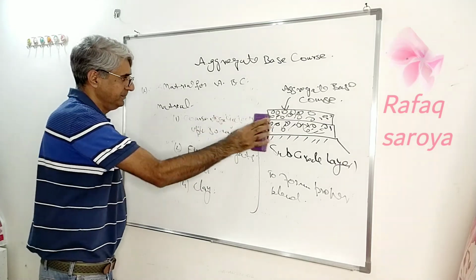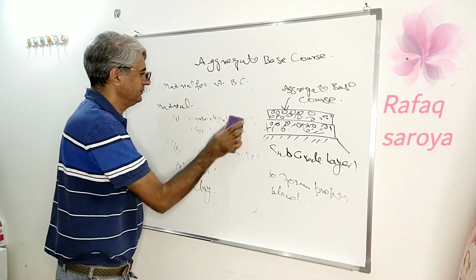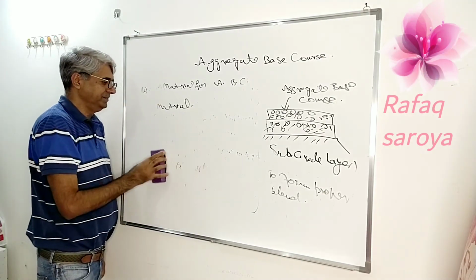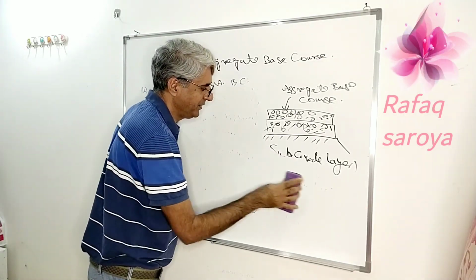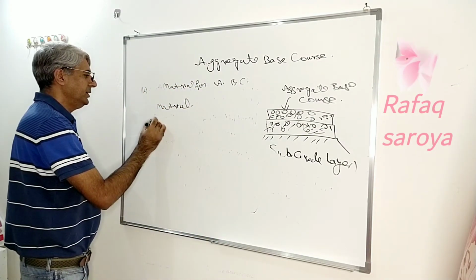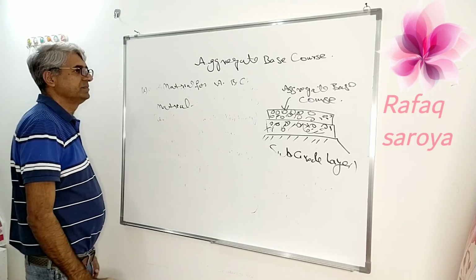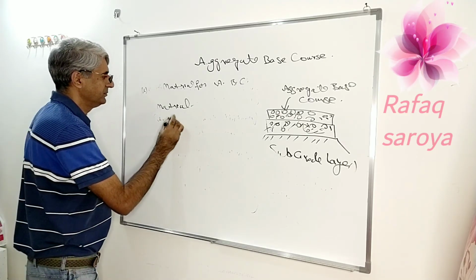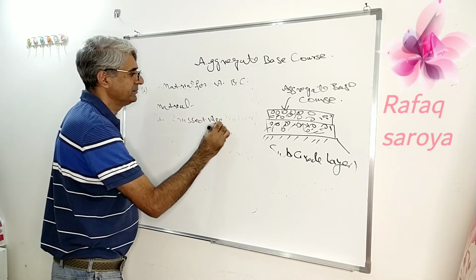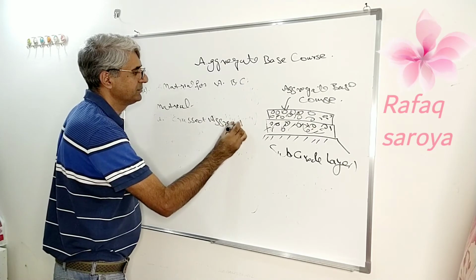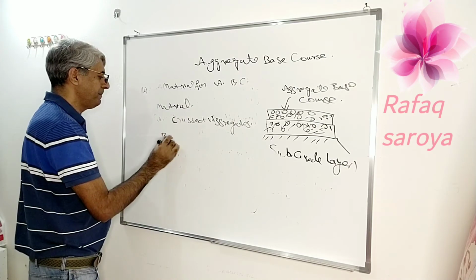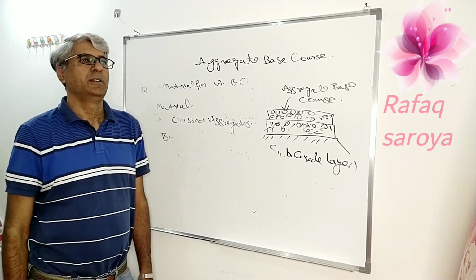Its answer: first thing, crushed aggregate. B, crushed slag.